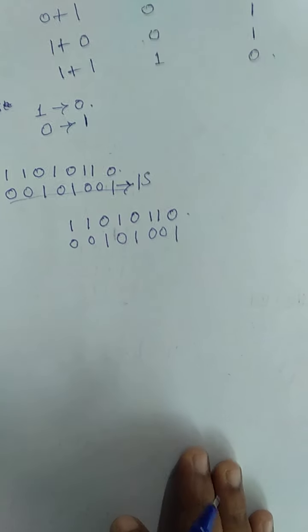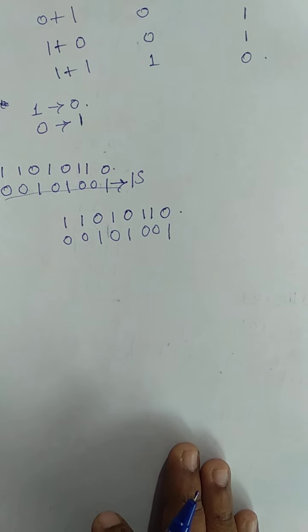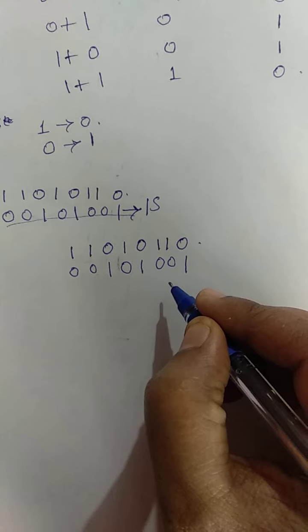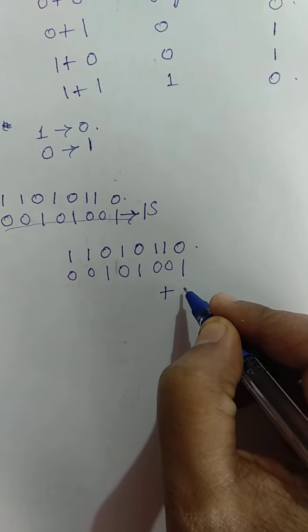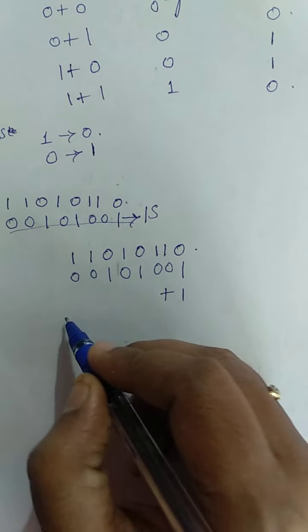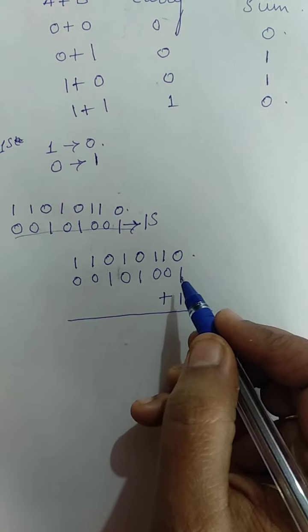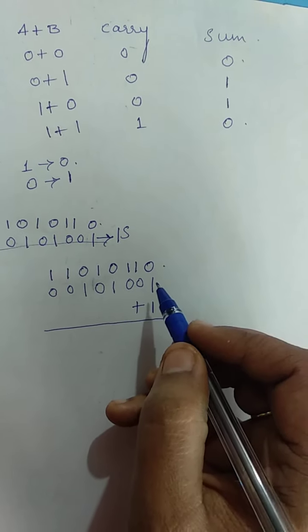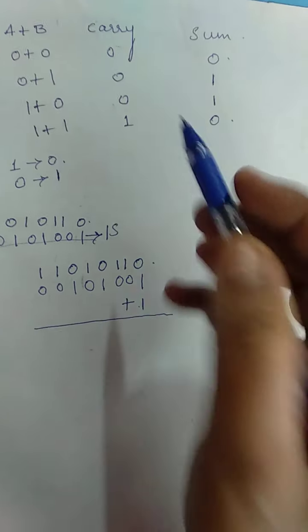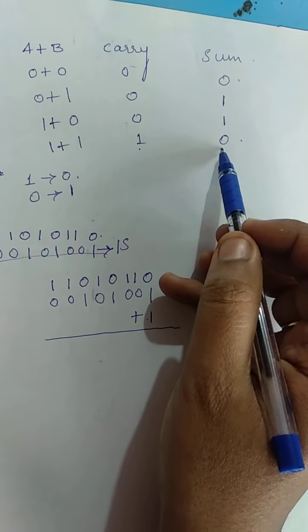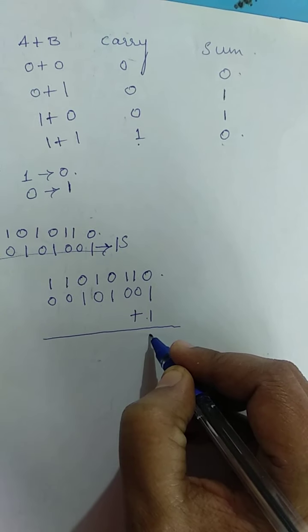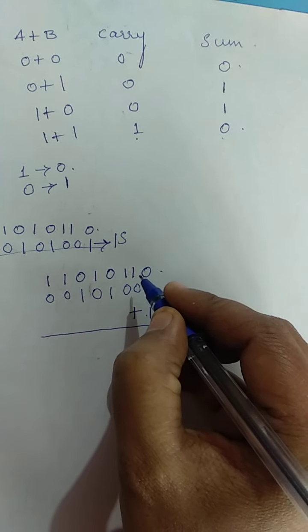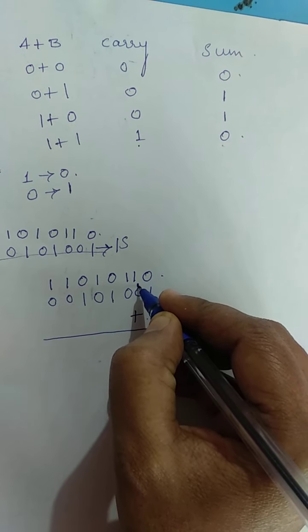For 2's complement, we are going to add 1. As I said, follow the table. 1 plus 1, carry 1, sum will be 0. Sum will be 0, carry will be 1.